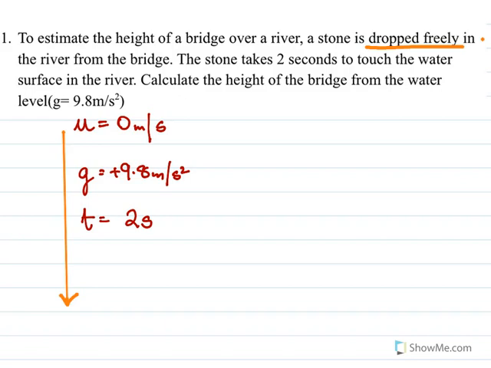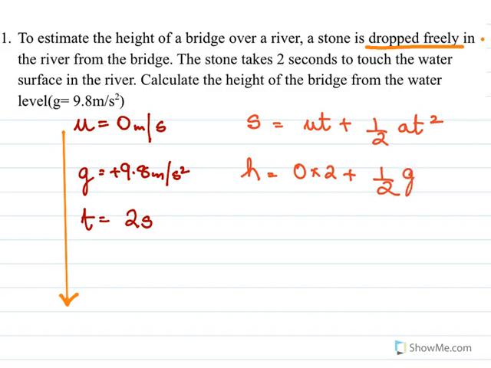We will use the equation S equal to UT plus half AT square. But when we use this equation for a falling body, the S becomes H, that's the height. Of course the U is 0, so this is 0 into 2 plus half. Here the A becomes G, T square, 2 square.